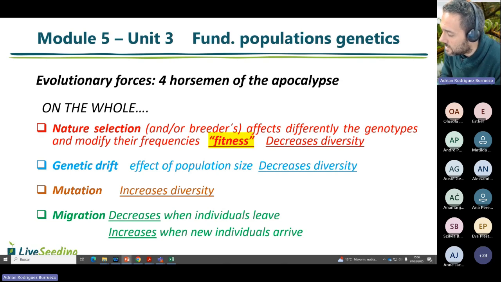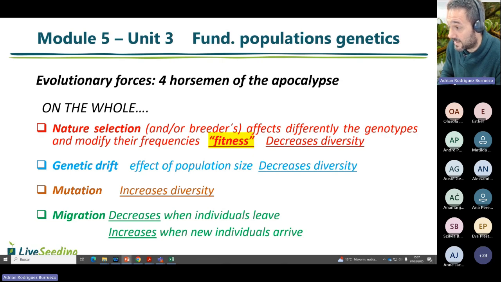But on the contrary, if you have a small population of, let's be extreme, just 10 individuals, then the genotypes with the lower frequency, when a tsunami arrives to the island, if half of the individuals disappear from a population of 10, then this population will become made of only 5 individuals.